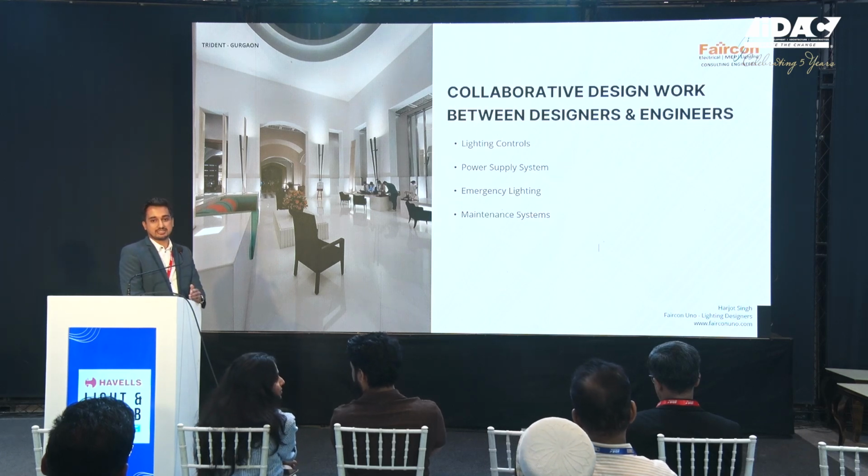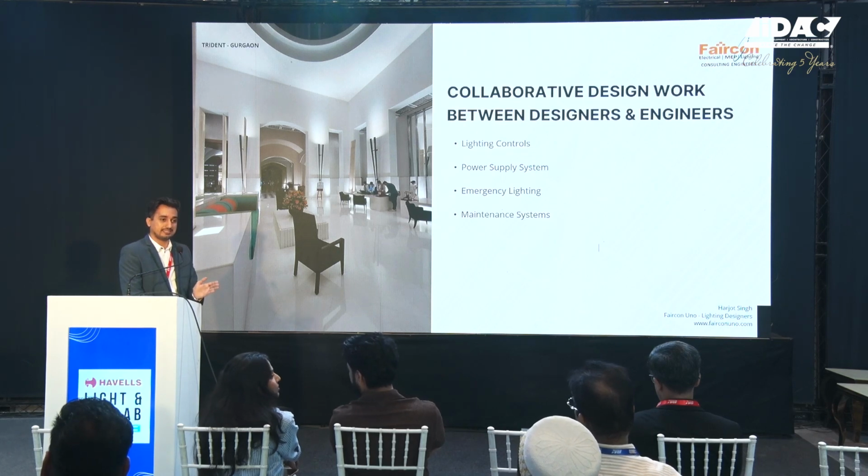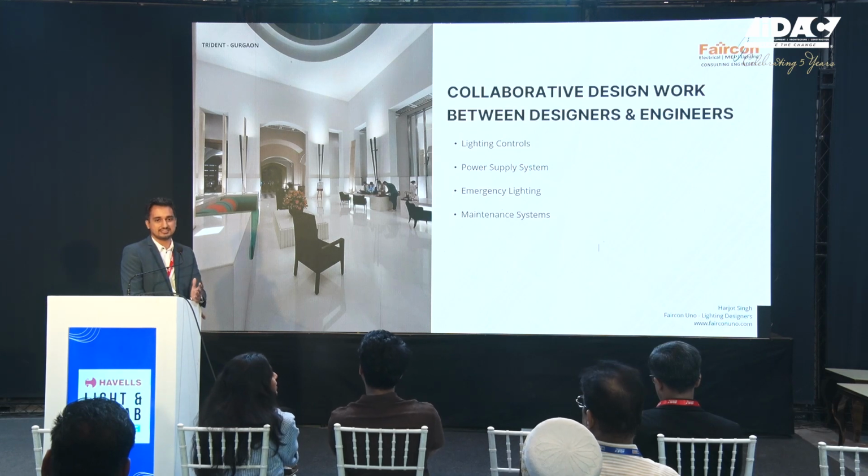Who's going to take care of controls? Is it going to be taken care of by the lighting designer, or by the engineering team? If it is DALI or DMX controls, the vision of the lighting designer has to be fulfilled by the engineering team.